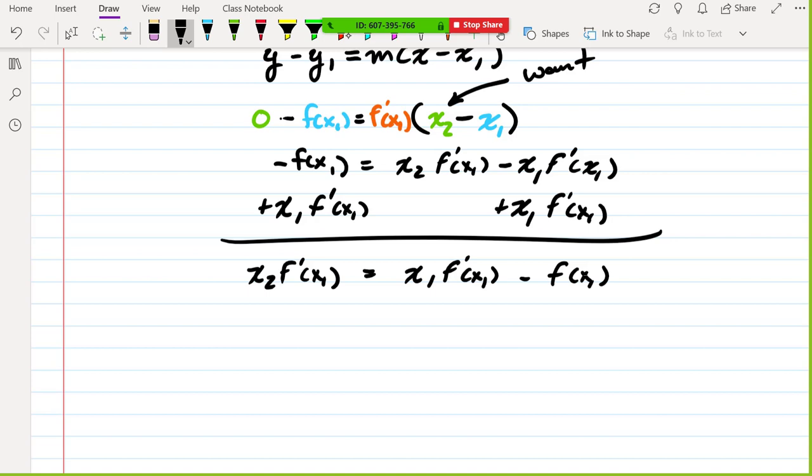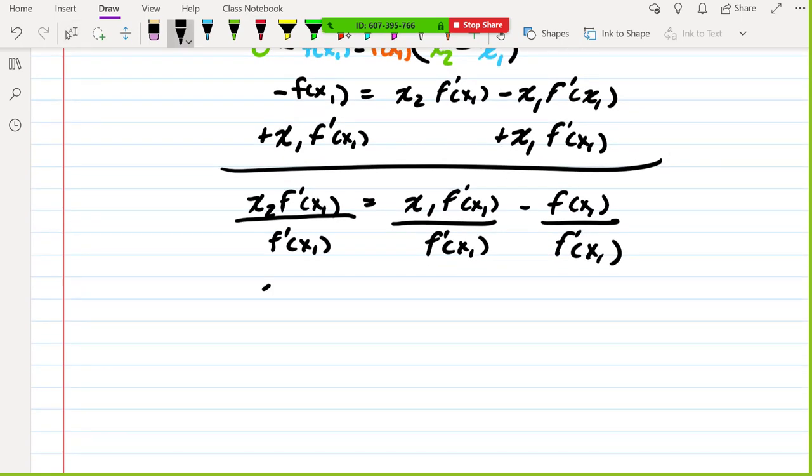Then we divide both sides by f prime of x1. And finally, we get that our next approximation, x2, is equal to x1 minus f of x1 all over f prime of x1.